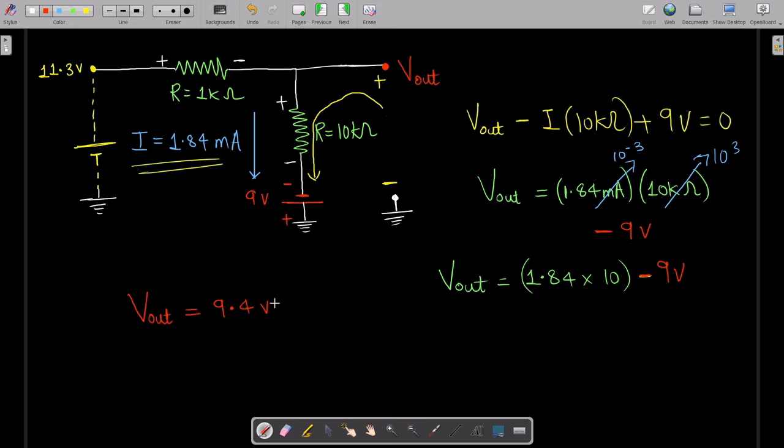Let me use a bolder pen. Therefore the value of V out comes out to be 9.4 volts. This is the actual value of V out which we got.